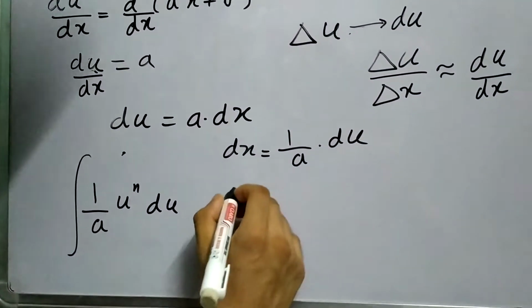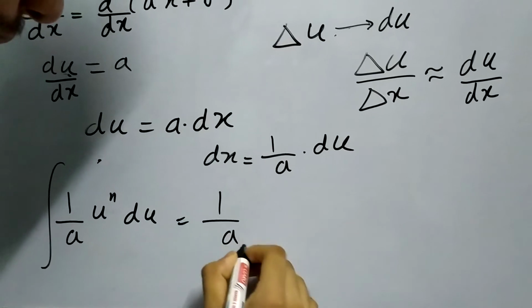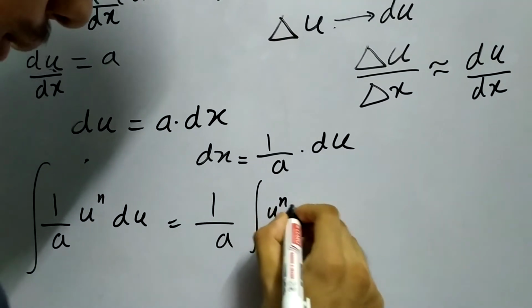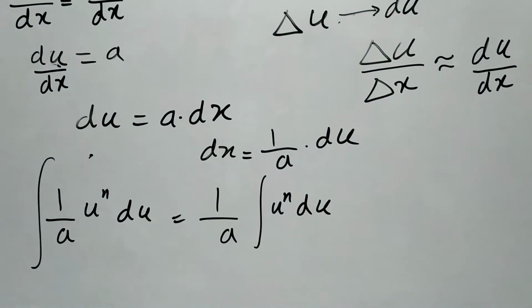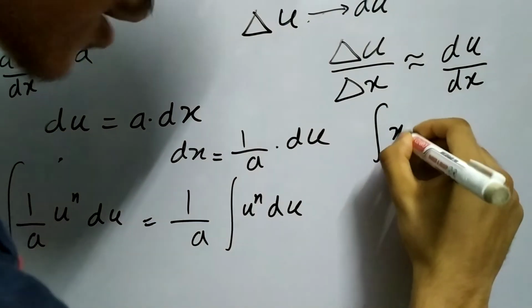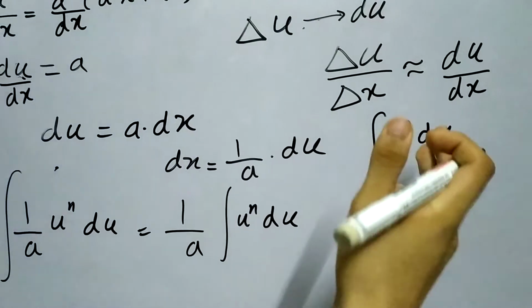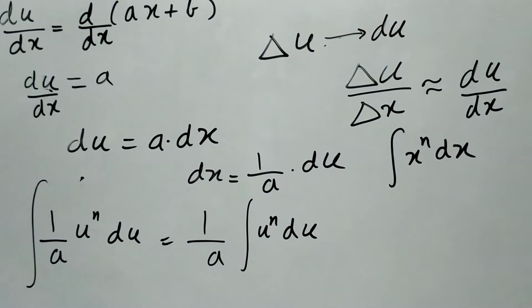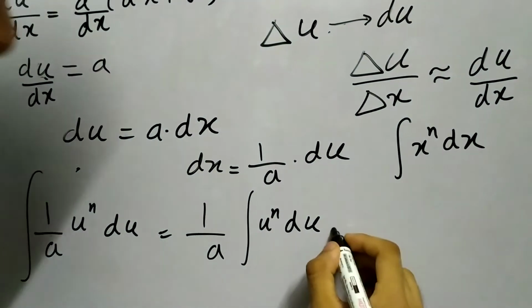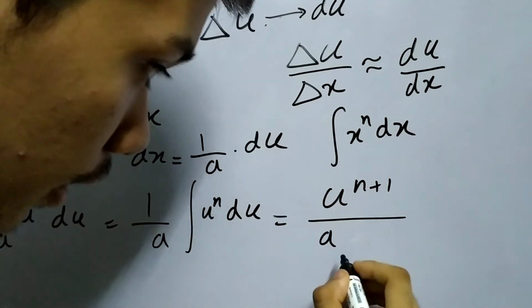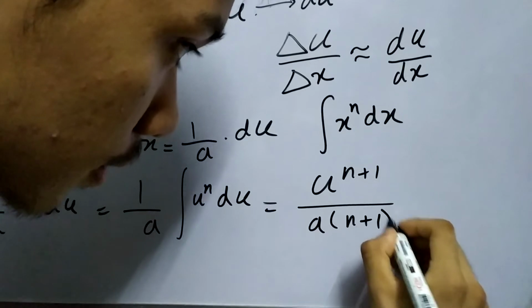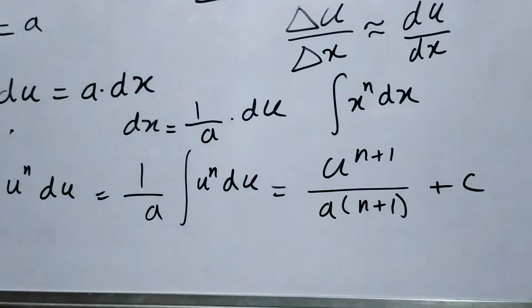So a is just a constant, it goes out, and you're left with the integral of u to the power of n du. This is the same thing as the integral of x to the power of n dx with the variables changed. So this will be u to the power of n plus 1 upon a times (n plus 1) plus some constant of integration.